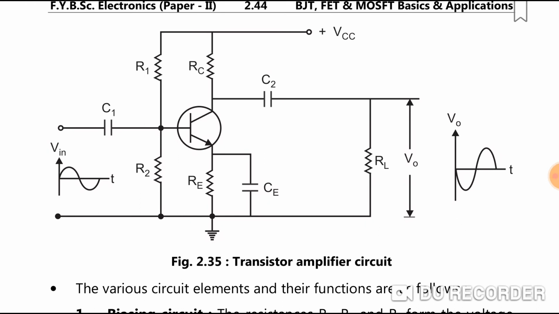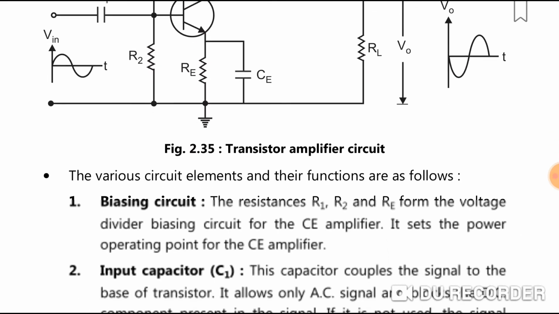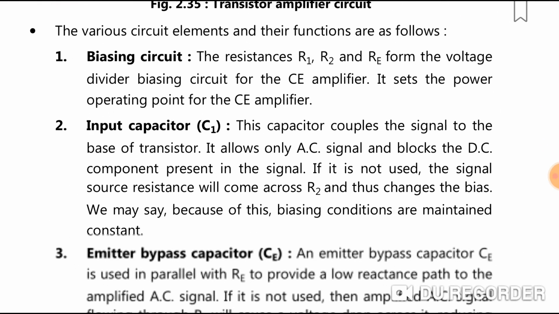You just see the input is a sine wave with small voltage, and the output is an inverted voltage. So R1, R2, RC, RE, C2, C1, CE, RL, these are all the associated components which are connected.